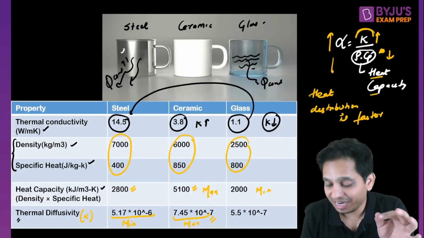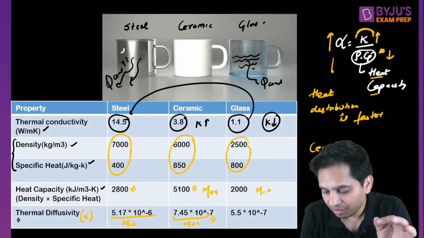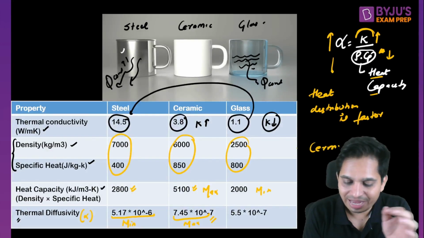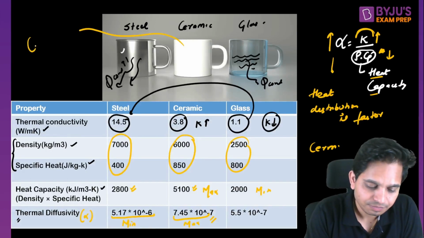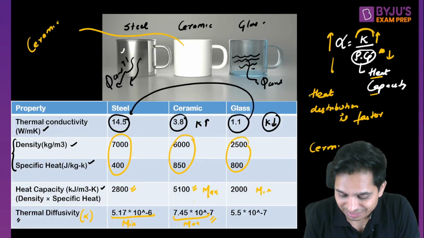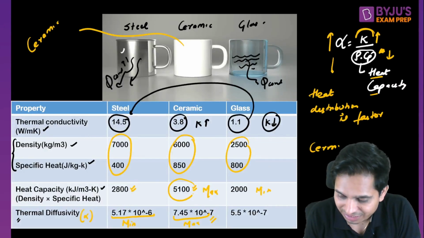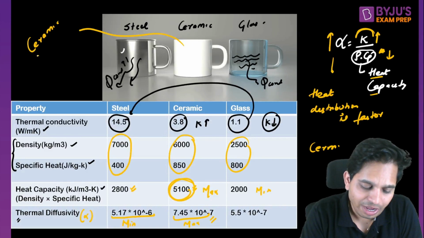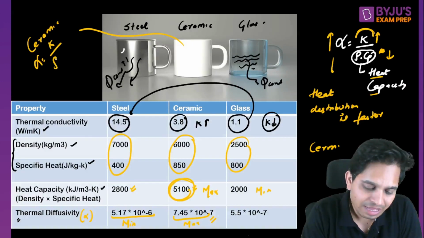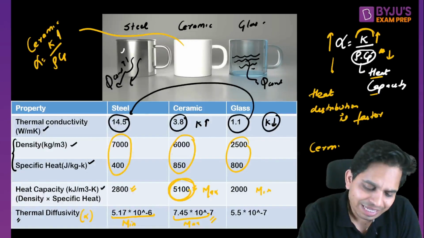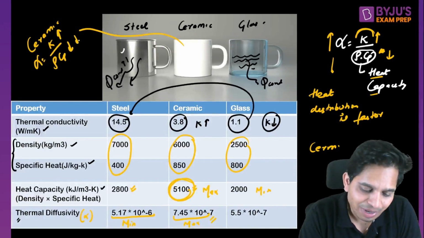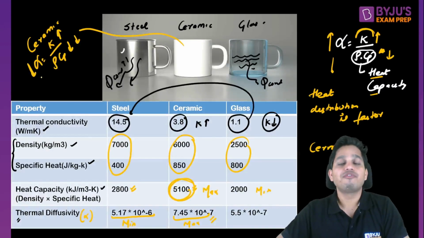But in ceramic, what is happening? This is maximum. So alpha is equal to K upon rho Cp. That means this is higher, yes, but this is much higher still, so alpha is low.